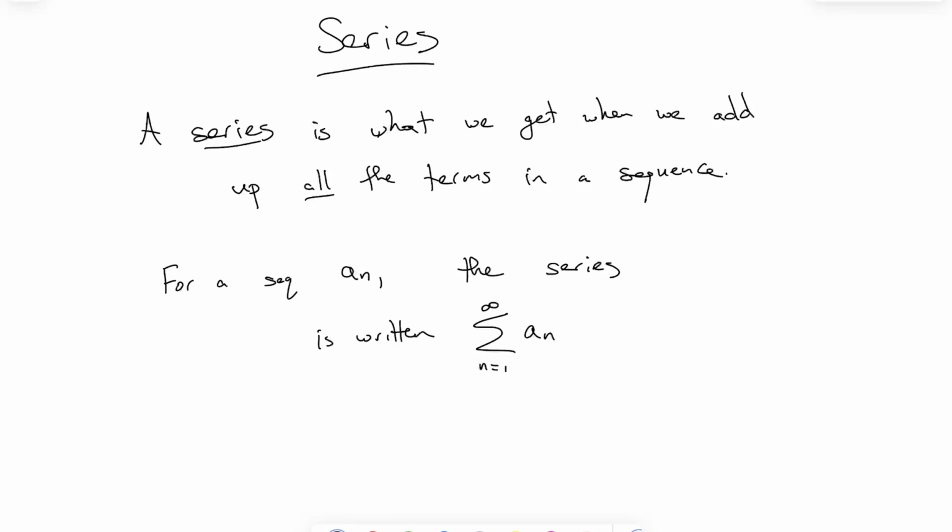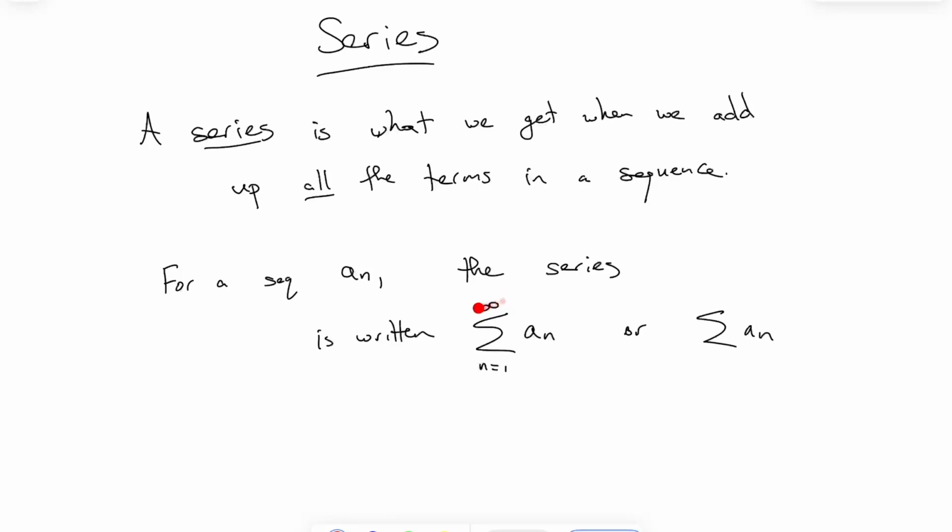That is the sum of all the terms in the sequence. Or sometimes just like a sum, right? I mean, I should put an in there. The sum of an, right? Oftentimes we won't even write the little boundaries for the summation, just because if I'm trying to do a series, I'm always going to add all of the terms.